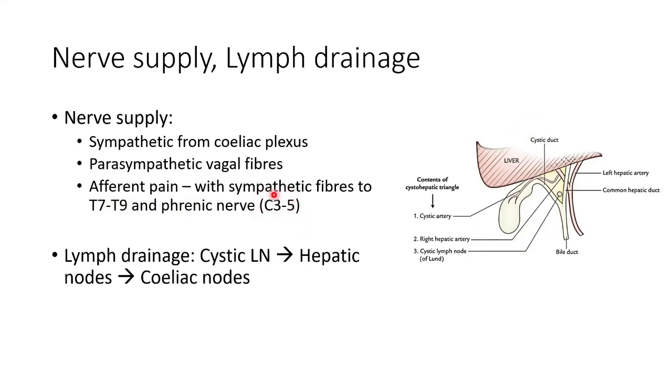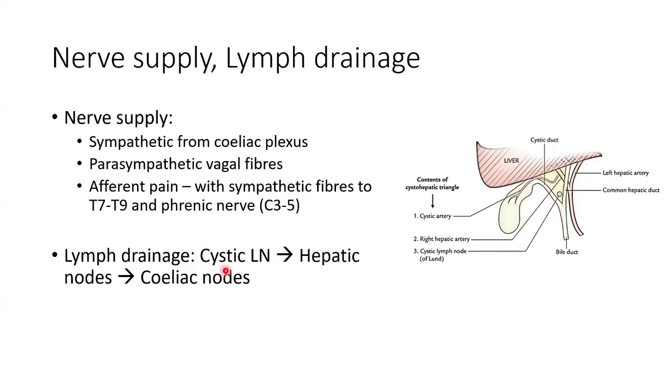So the phrenic nerve arises from C3, C4 and C5. And usually the dermatome of that area is the right shoulder, right? So pain from the gallbladder can be felt on the right shoulder as well. And that's called referred pain, I'm sure you know that.